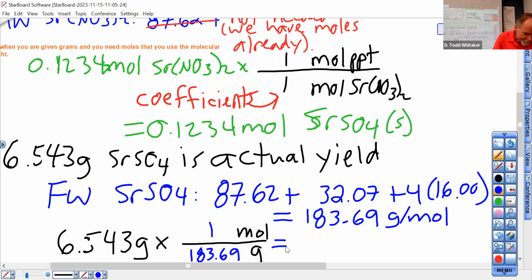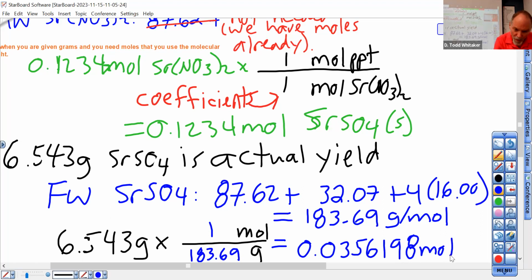Hook me up with an answer. It's going to be small. 6 times 3 is 18.3, 0.03, 0.03. Give me a couple more. And now it's moles. And that one is actual.